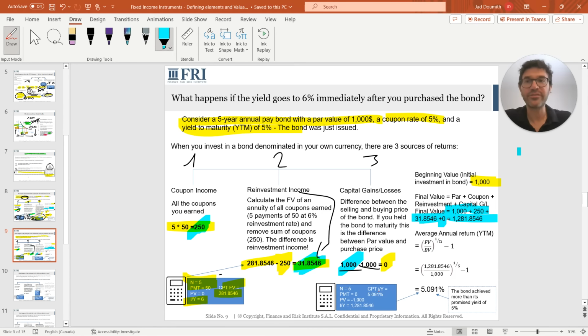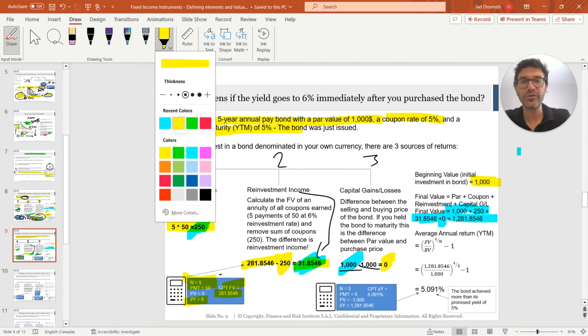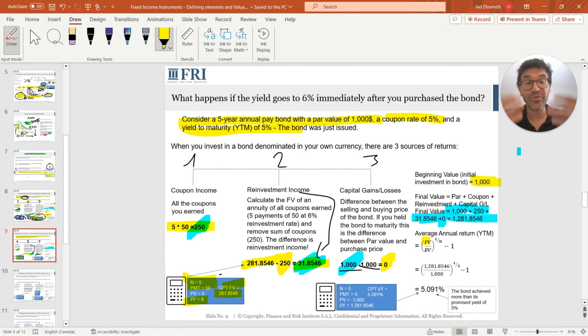Let's calculate the average annual rate of return achieved. As we did earlier, final value divided by beginning value would give me 1 plus the rate of return. Of course, math is a language. So I need to tell the formula, by the way, I did not grow 1,000 to 1,281 in 1 year.